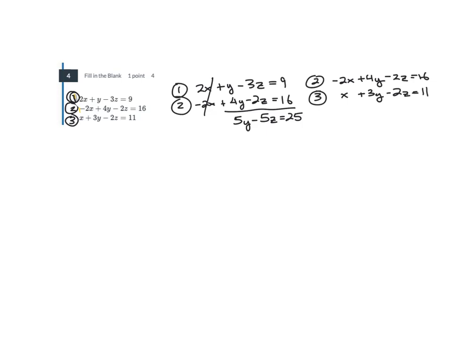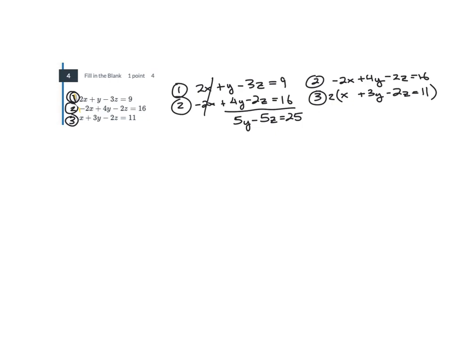All right, so I know I want to get rid of x terms. We have a negative 2x, and then we just have x. So I know I want them to be the same number and opposite sign. So I want this number in front of x to be a positive 2. So I'm going to multiply this whole equation at the bottom by positive 2.